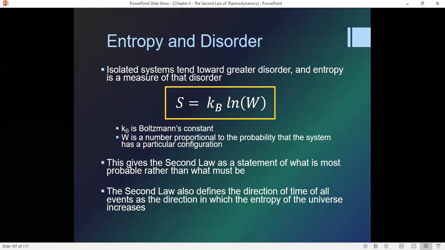This is the Boltzmann constant right here. The Boltzmann constant you can look up. It is important for a lot of things in thermodynamics. But here is the really tough thing to understand: the natural log of the number of possible states.